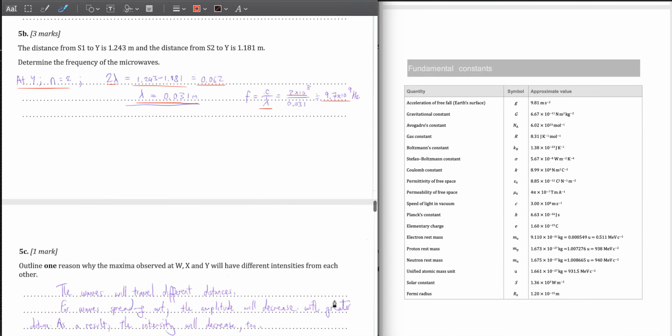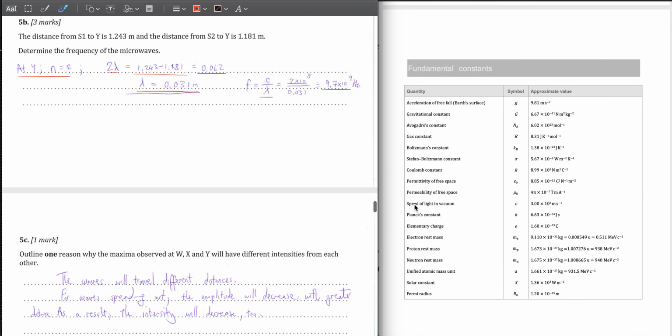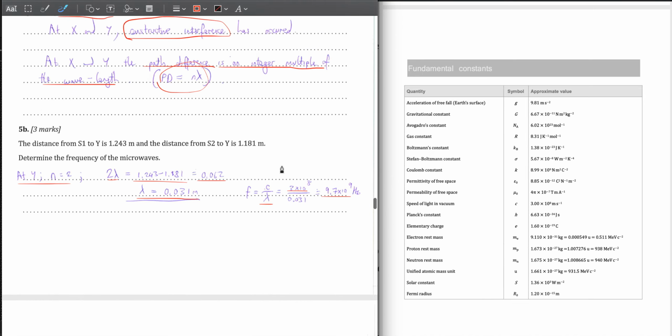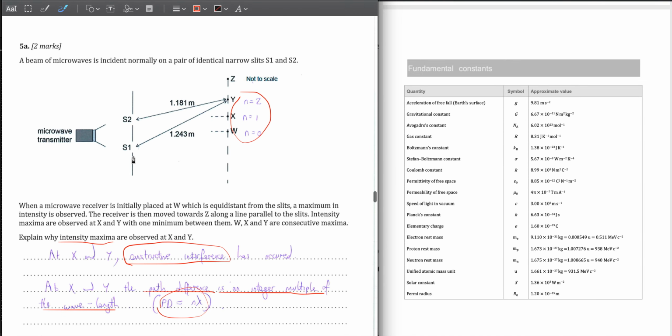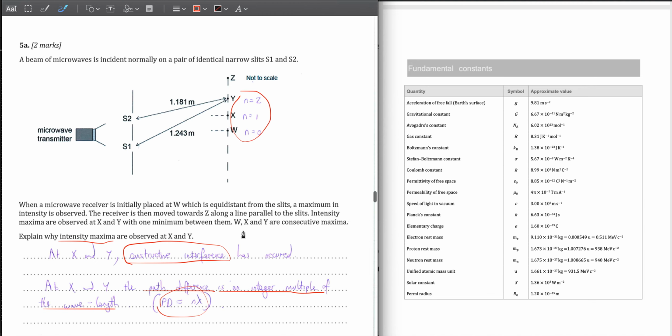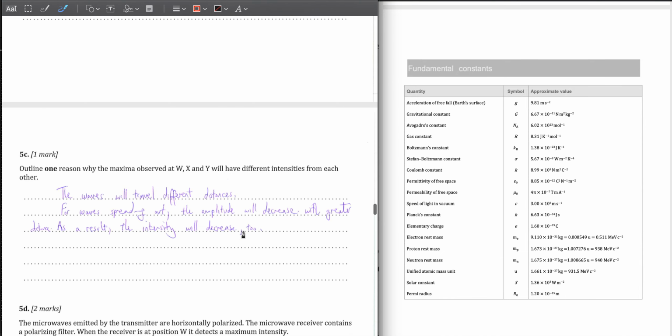We then want to understand why the maxima at W, X, and Y will have different intensities from each other. This comes from the fact that our S1 and S2 behave in the same way that a point source would behave. In other words, the wave from S1 and the wave from S2 will have traveled different distances.